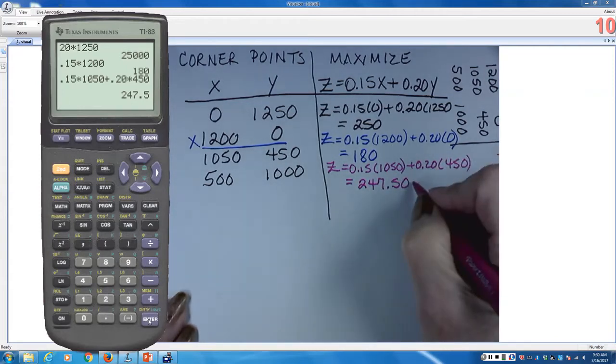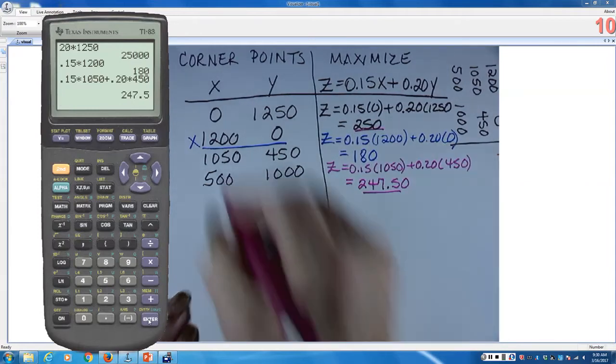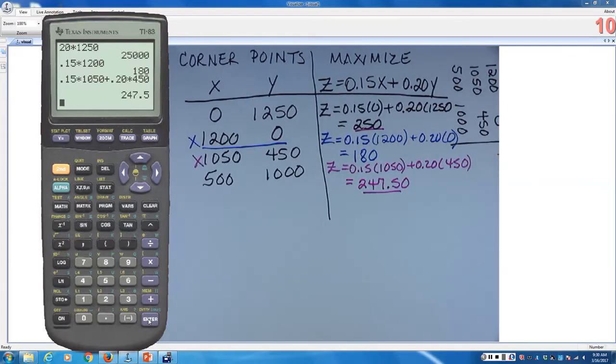And comparing 247.50 to 250, that's not the maximum either.